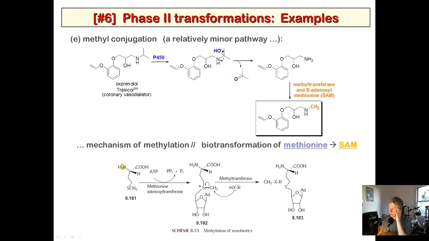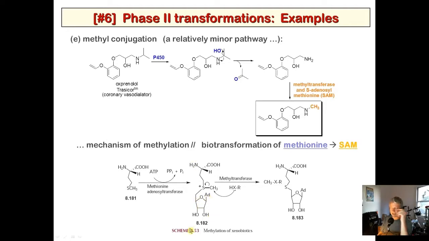So there's methionine, and essentially ATP comes in, which is adenosine triphosphate, and the sulfur kicks off all three phosphates: a PPi, which is a diphosphate, and Pi, which is a single phosphate. And then essentially now you have methionine attached to adenosine with no phosphates.